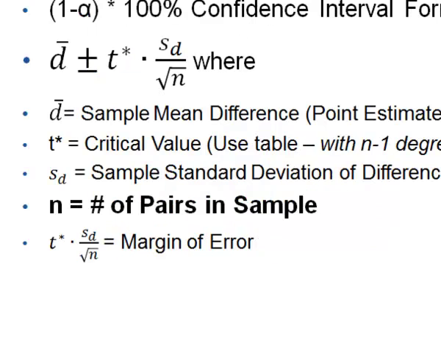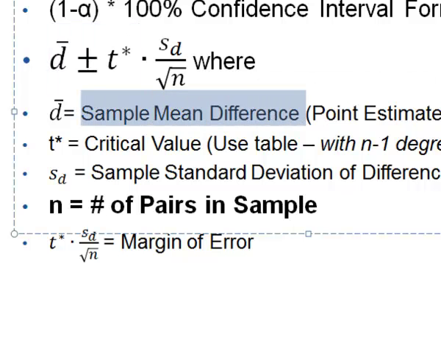Now for these videos, we'll be covering the matched pair confidence interval. The confidence interval for a matched pair is d bar, which is the sample mean difference. Basically, we have a column of differences, and we take the mean of those differences to get d bar. That's our point estimate.